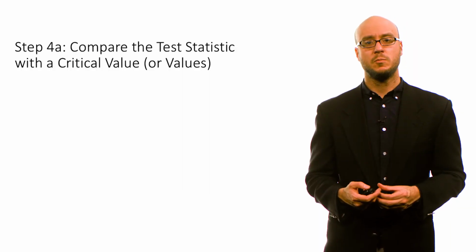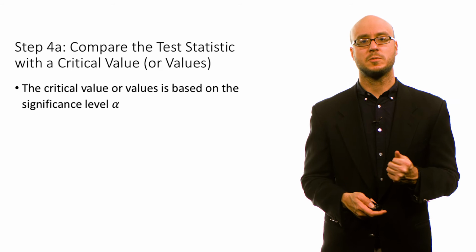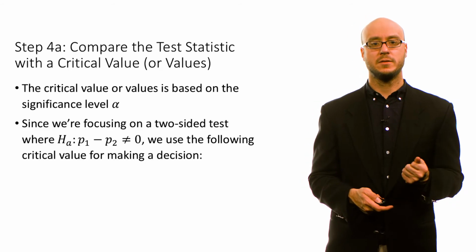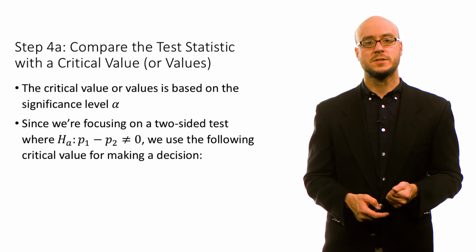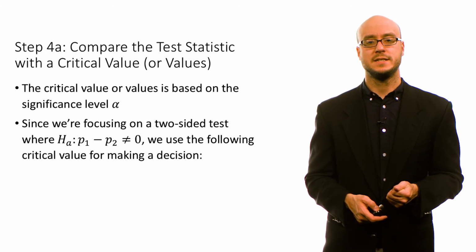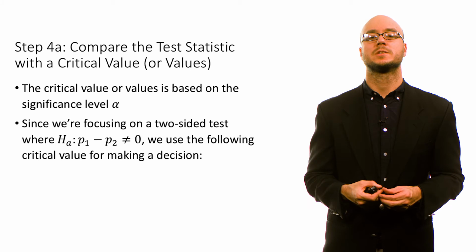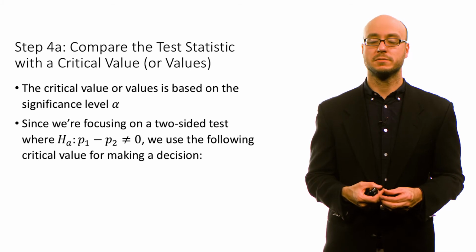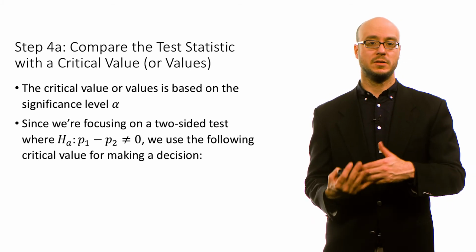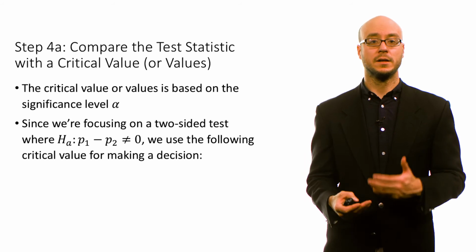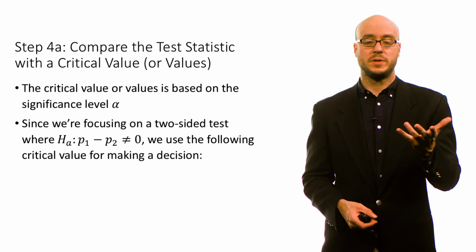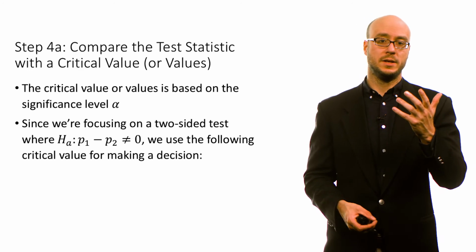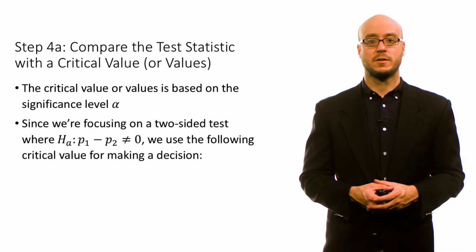For step 4a, we will compare this test statistic with some critical values. The critical value is based on the significance level alpha. Since we're focusing on a two-sided test where the alternative is that the difference in the population proportions is not equal to 0, that difference is either less than or greater than 0, meaning P1 might be more than P2, or P1 might be less than P2.